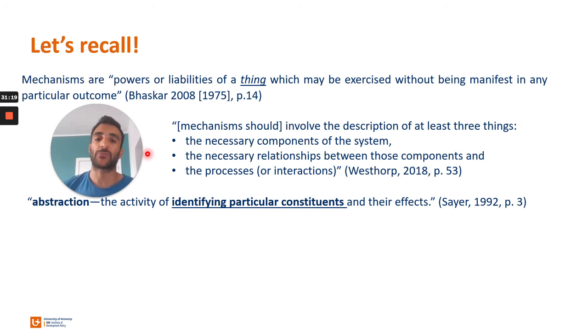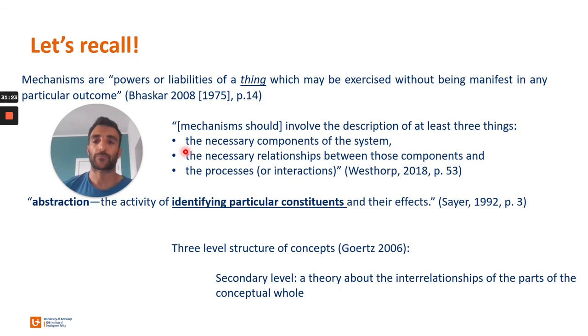Abstraction is the activity of identifying particular constituents and their effects. And the three-level structure of concepts by Goertz, the secondary level, is specifically relevant, which is a theory about the interrelationships of the parts of the conceptual whole.